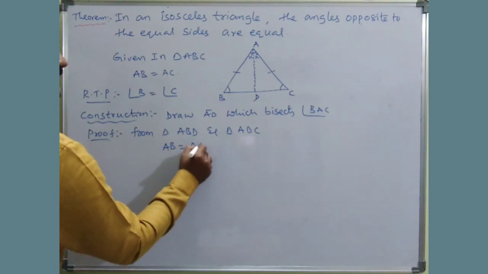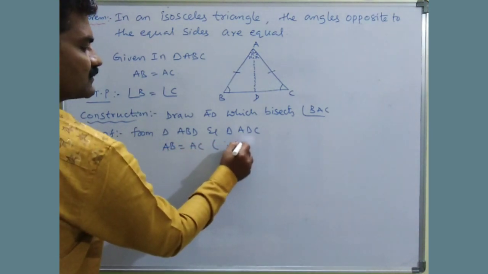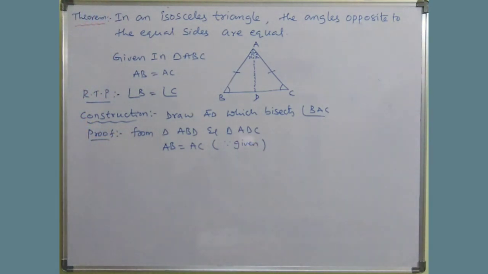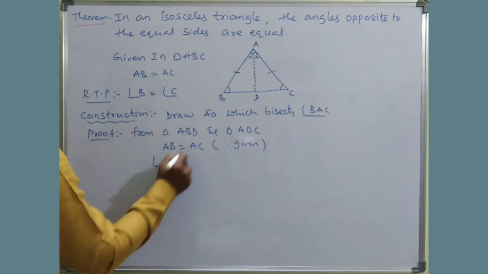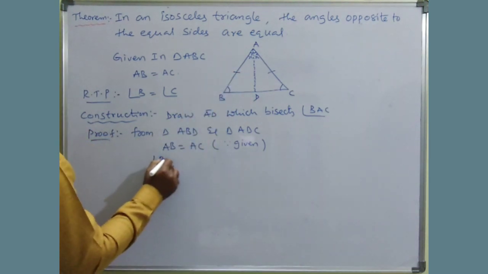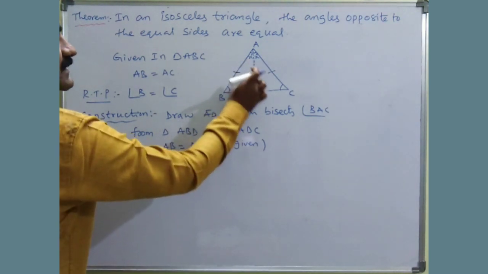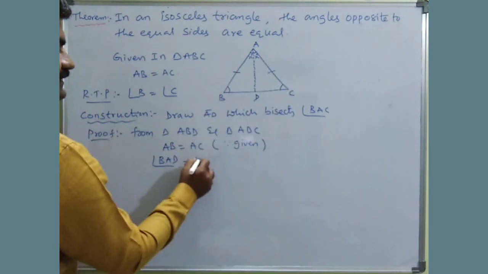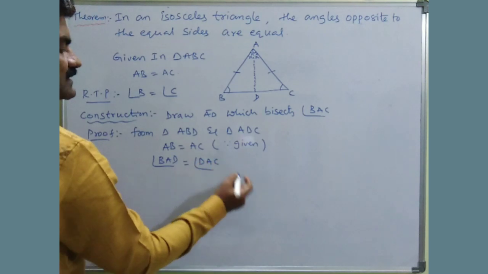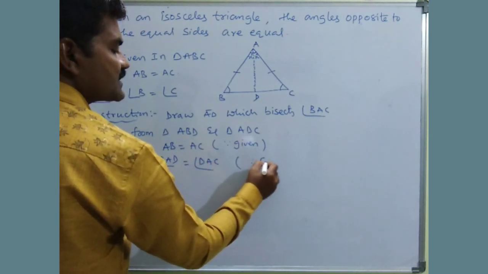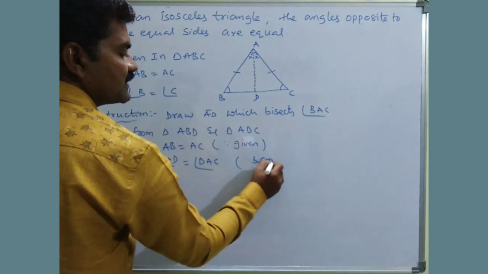Given that AB is equal to AC, already equal sides. Now just now we did some construction. From that I can say that angle BAD, which is x degrees, is equal to angle DAC, by construction.